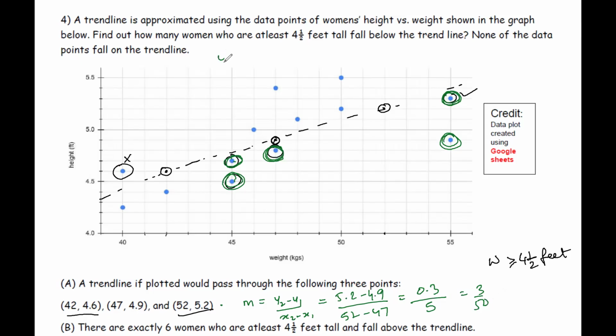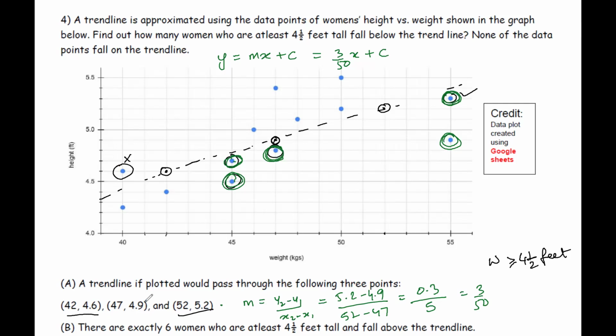So we have y is equal to mx plus c, where c is the y-intercept, which is y equals 3 upon 50 x plus c. All right. c we don't know because we don't know where it's intersecting on the y-axis. So we have to find out c. So how do we find out c? We plug in one of these points, any of these points.